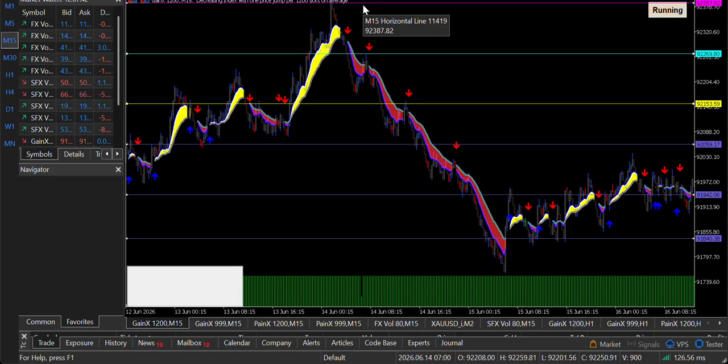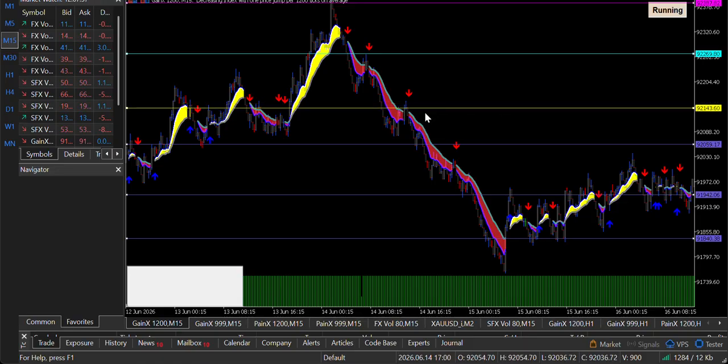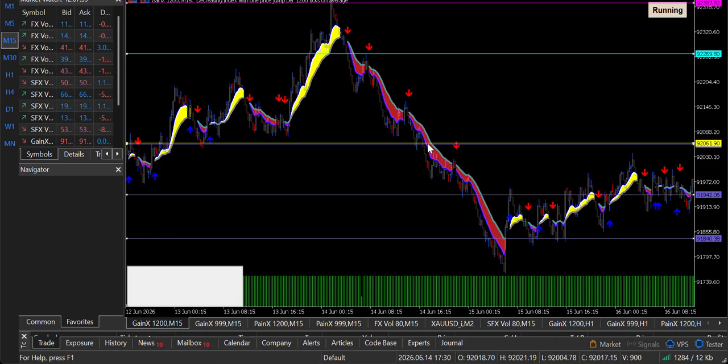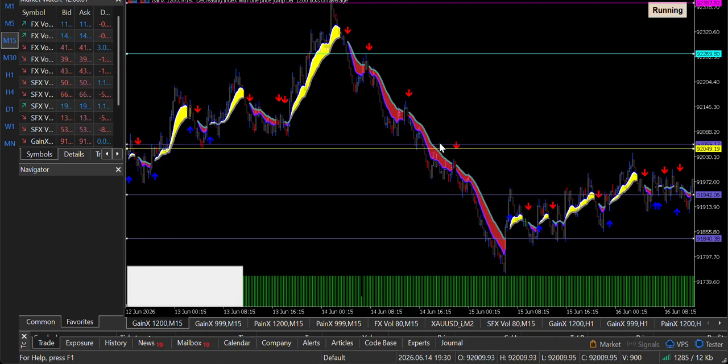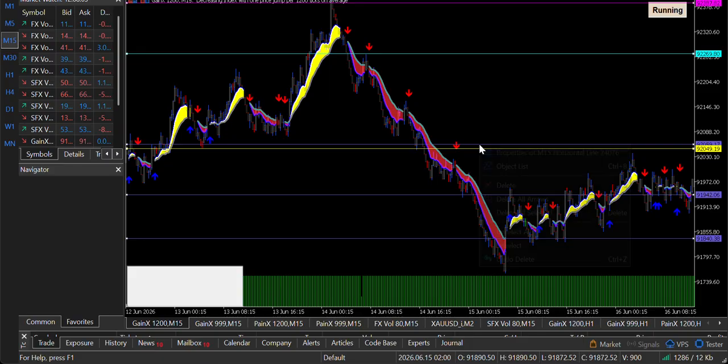But if it does not break out above the resistance zone and it goes in your direction, then you will be in profit. So this time around, it goes in our direction and it gave us this profit, the first profits achieved. Immediately it gets to the second TP. At this point, it has gotten to the second TP.